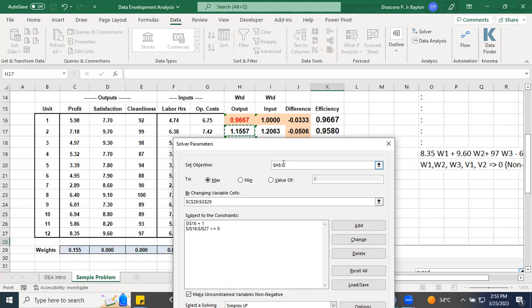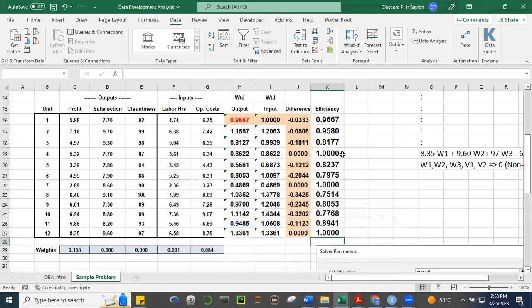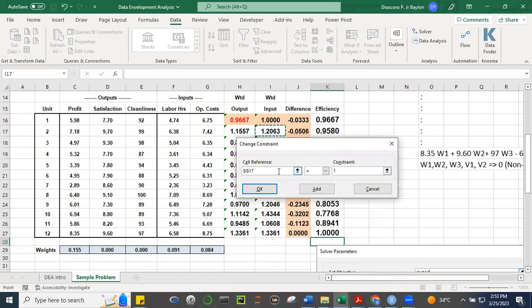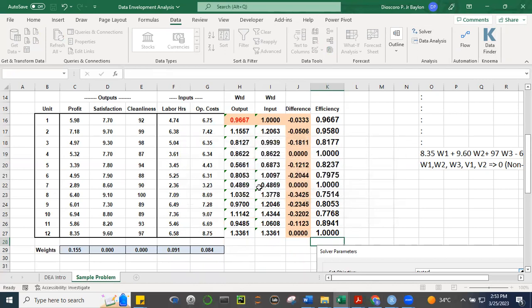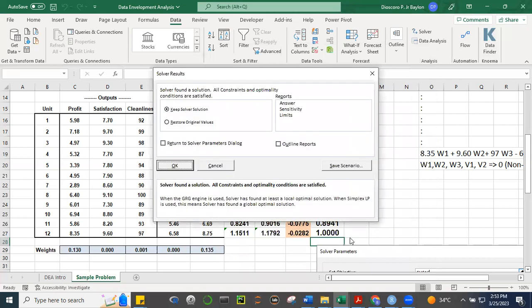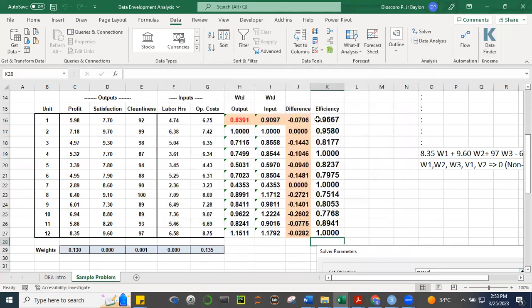That will be our weighted output. Maximize, changing cells will be the same. And then I'll change this constraint to this one: the weighted input of unit 2 should be equal to 1. The changing cells, J17, H17, are the same. All right, solve.